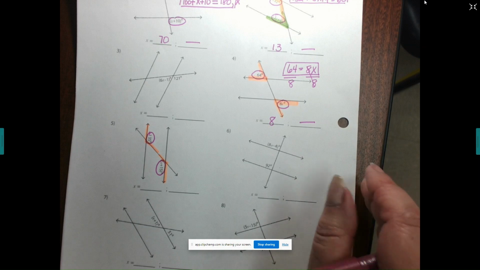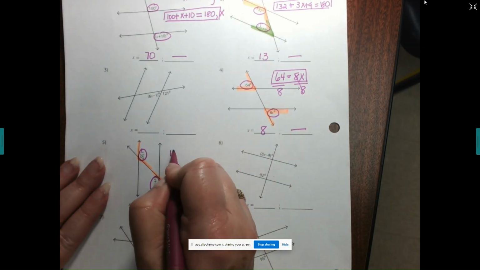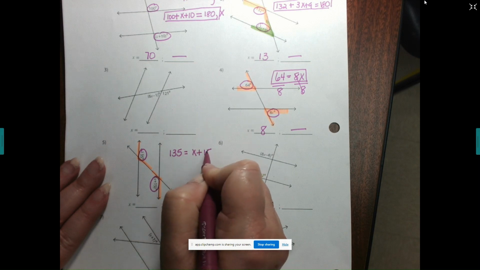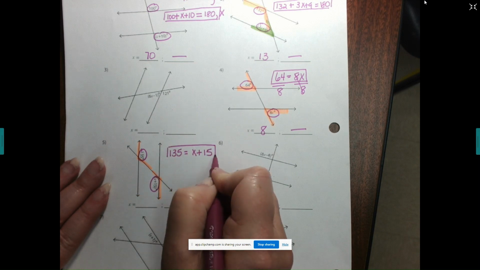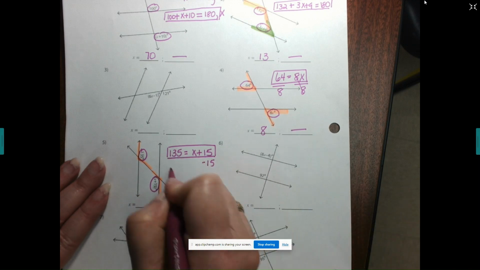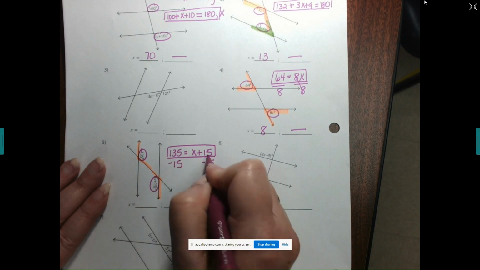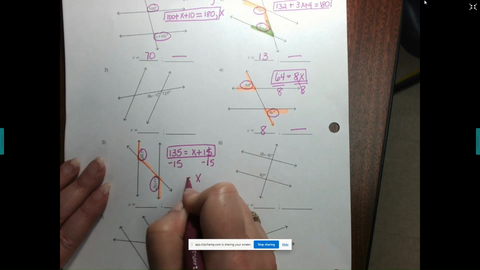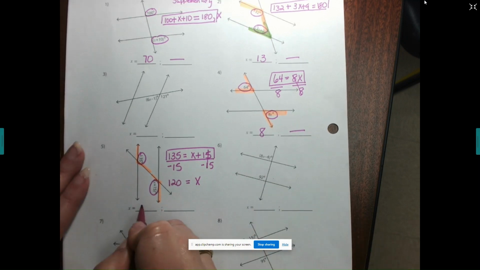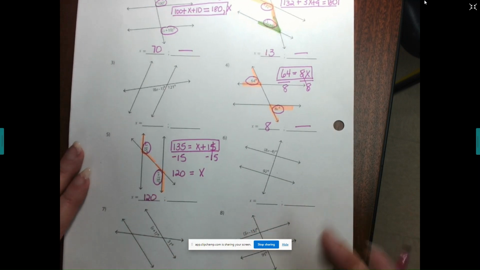They're the same. So when I set it up, it's 135 equals x plus 15. This is how you're going to set it up. This is what I want to see on the homework. It's actually pretty easy to solve by hand. So it might not be a bad idea if you think you can solve it by hand to practice tonight. But if not, you can always come to class and solve them.